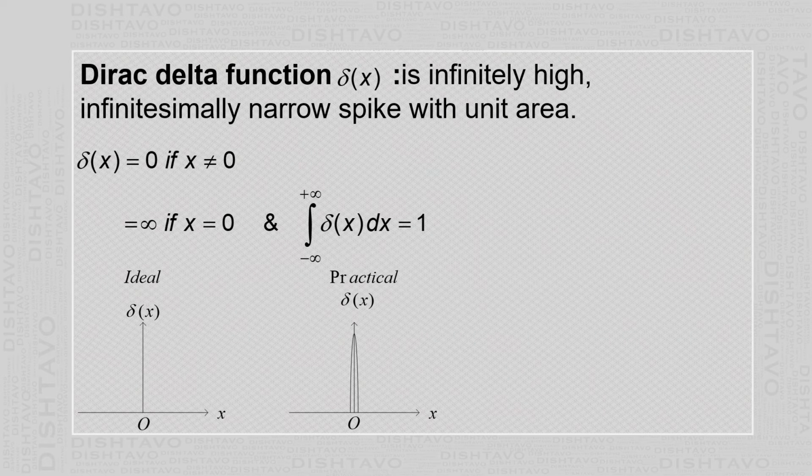There are many types of delta functions. One of them was given by the theoretical physicist known as Dirac, and it is called the Dirac delta function, and it is denoted by small delta of x. It is a function of x.